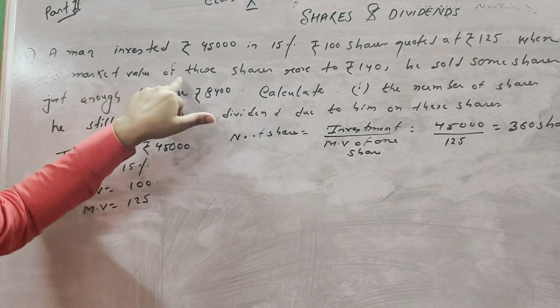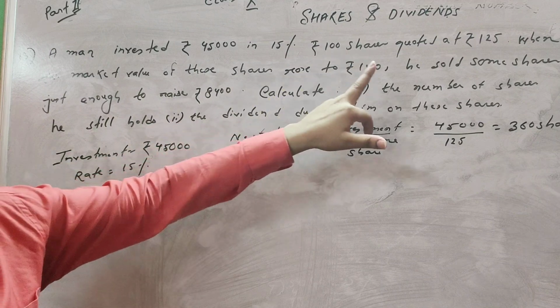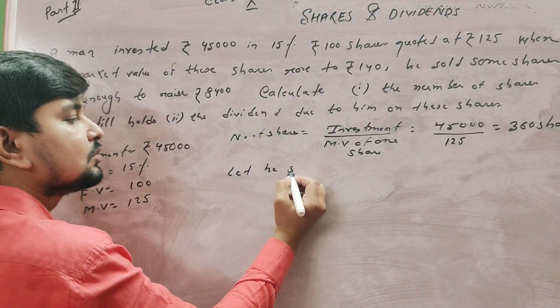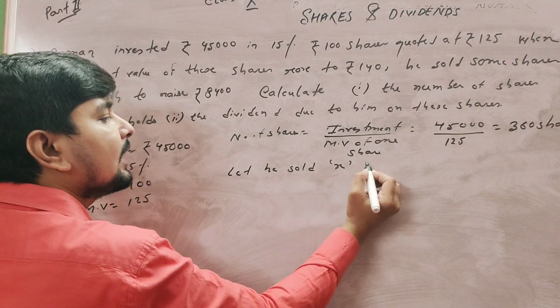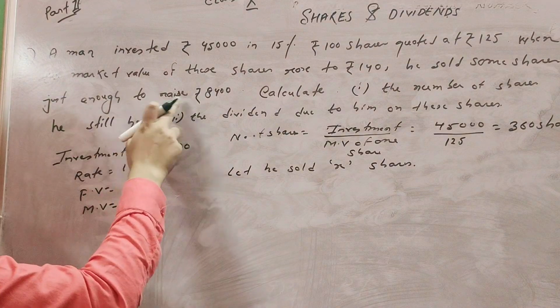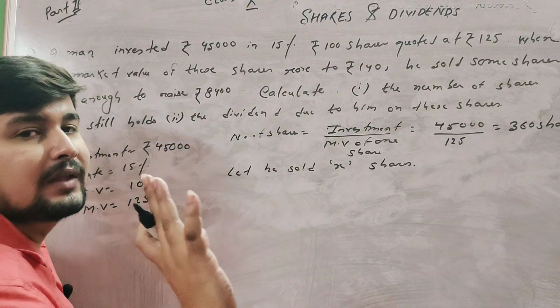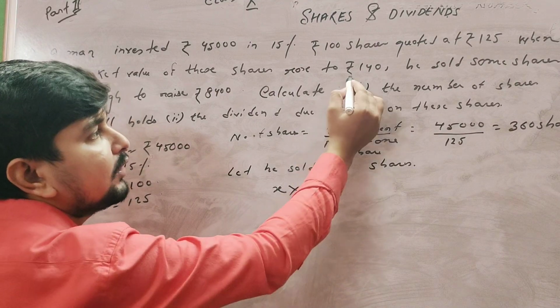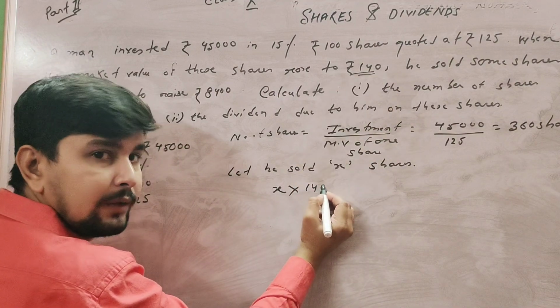He sold some shares when the market value rose to 140. He sold X shares, that means X number of shares, just enough to raise only rupees 8400. So X shares are sold at the rate of 140.